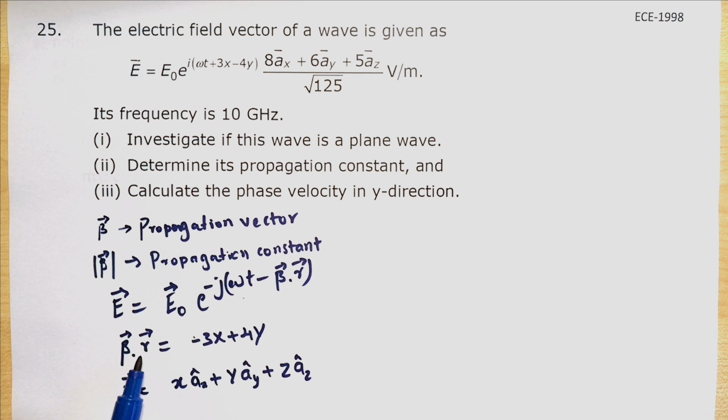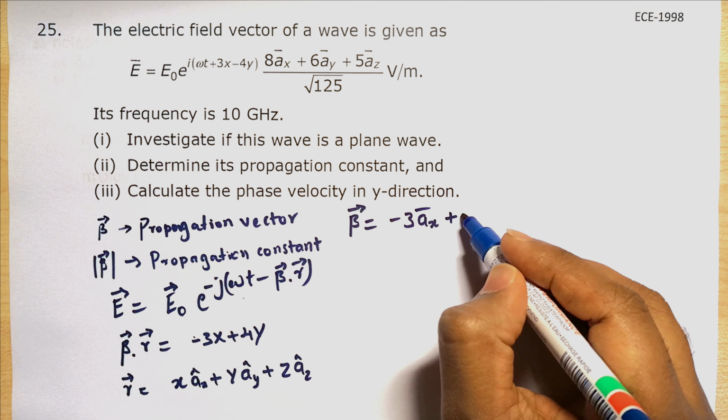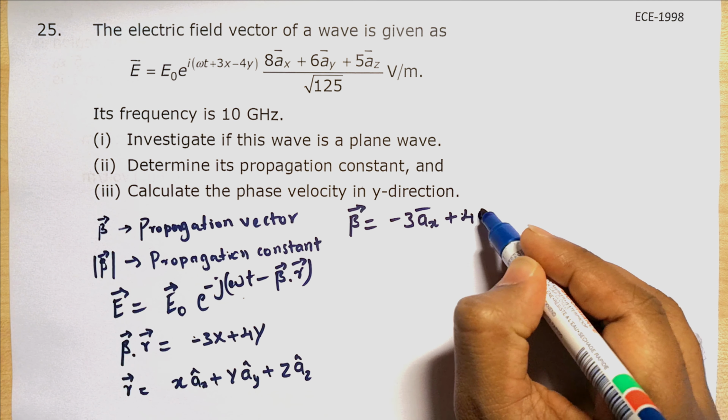Comparing this and this, we see that the propagation vector beta can be given as beta is equal to minus 3 ax plus 4 ay.